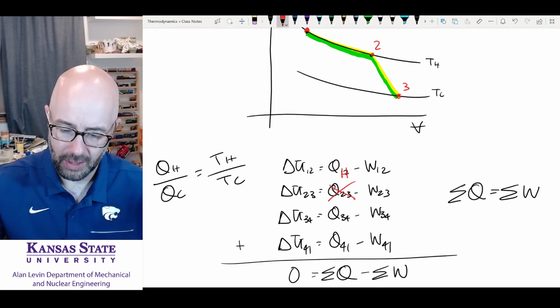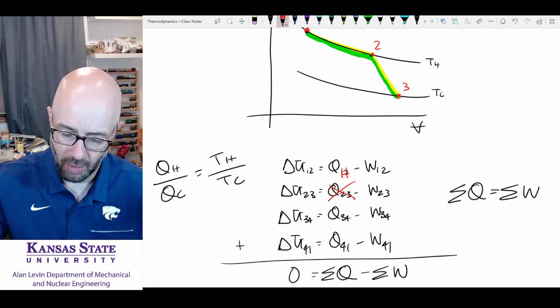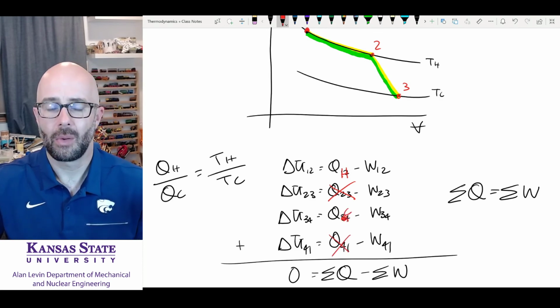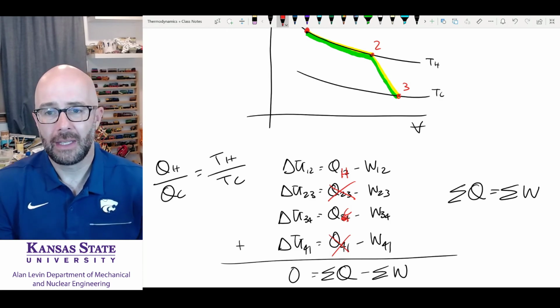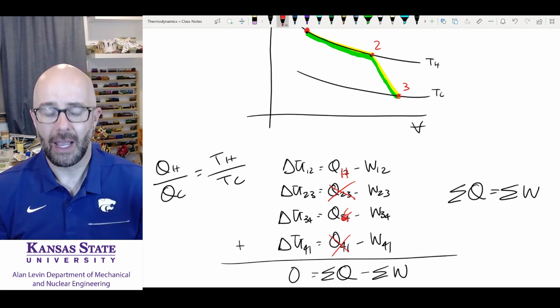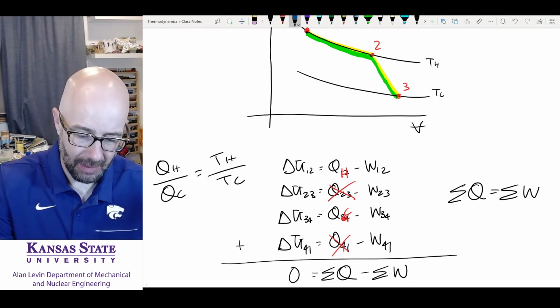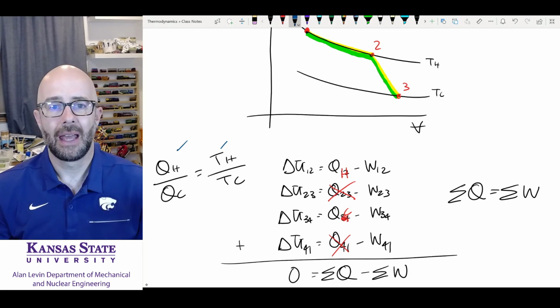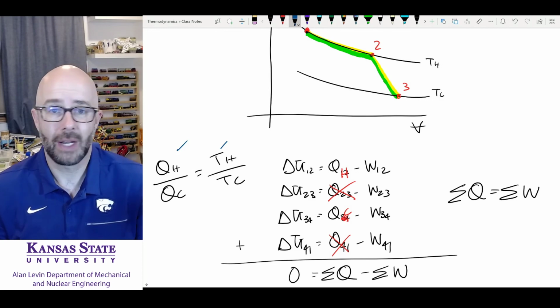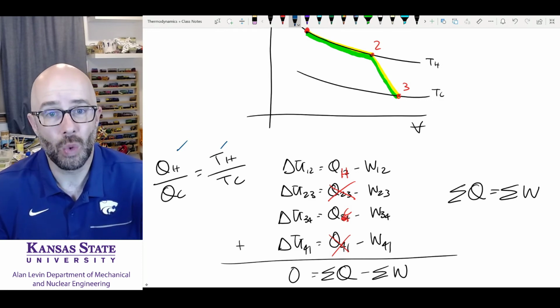This Q23 is going to go away. Q41 is going to go away. Q34 is going to be QC. I may not be able to solve for one of these items, so I can go back to this relationship, and if I know the ratio of the temperatures, I can find the ratio of the heat transfers, and if I solve for one of them, I can find the other. So that's another tool that I have available to me.